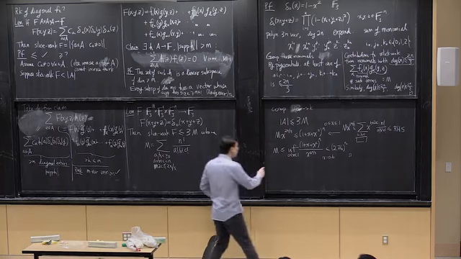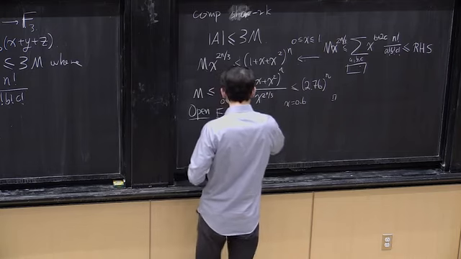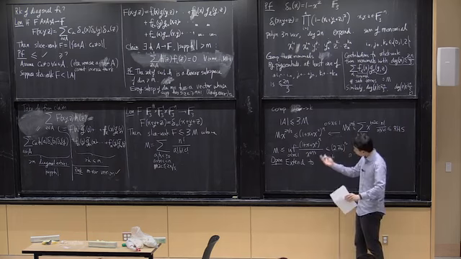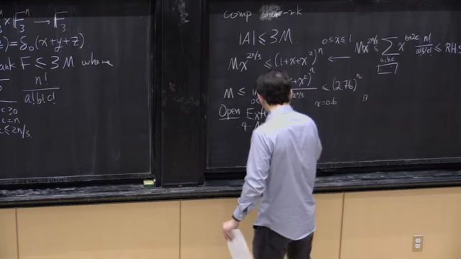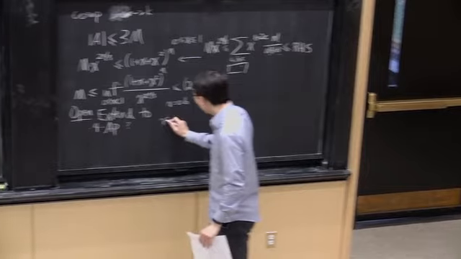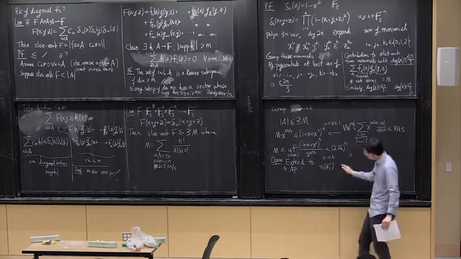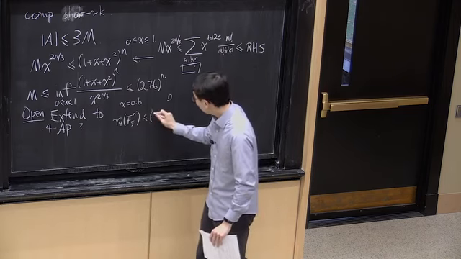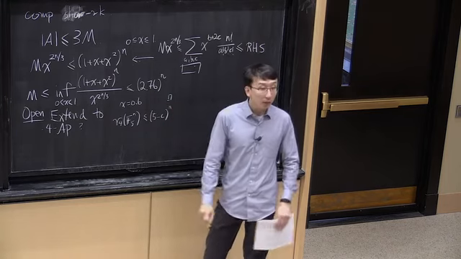In particular, it is open how to extend this method to other settings. It's not even clear what the results should be. For example, it is open to extend it to 4APs. We do not know if the maximum size of a 4AP-free subset of F5 to the n is less than some constant less than 5, like 4.99 to the n.